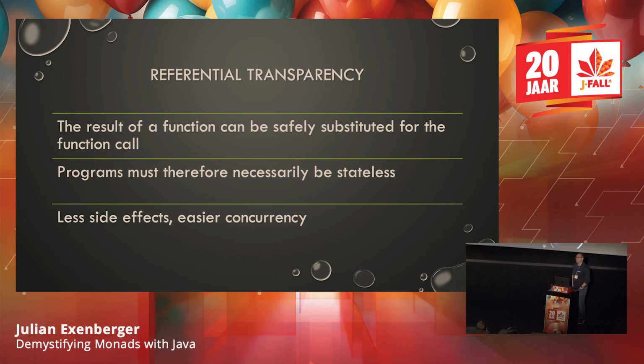One of the goals of functional programming is this idea of referential transparency. There's a programming optimization technique called memoization. I dare you all to say that after a couple of beers. Memoization basically says that if I call a method or a function with the same set of parameters, I should be able to cache the result, and the next time that method or function is called with the same set of parameters, I should be able to return the result.